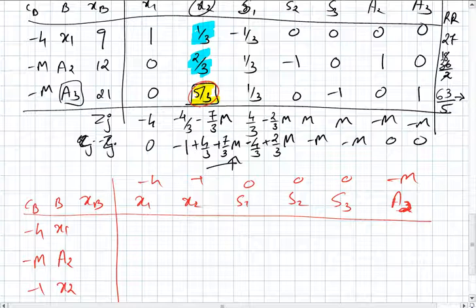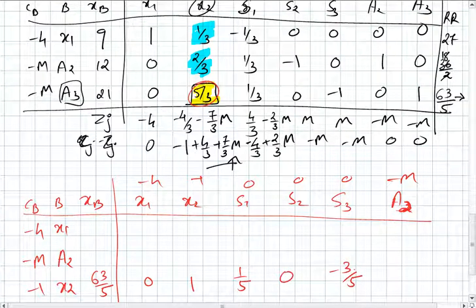So our table will be, here it will be 63 by 5. Here it will be 0, here it will be 1, here it will be 1 by 5, here it will be 0, here it is minus 3 by 5 and here it will be 3 by 5. Now to make this entry 0, we have to multiply this by 2 by 3 and add it here.